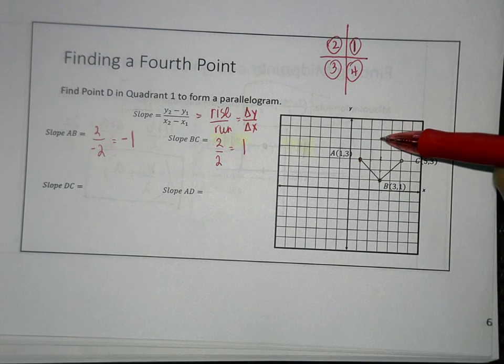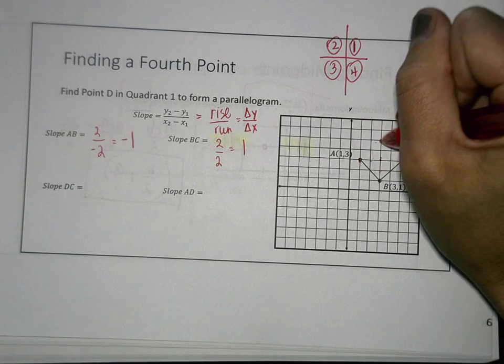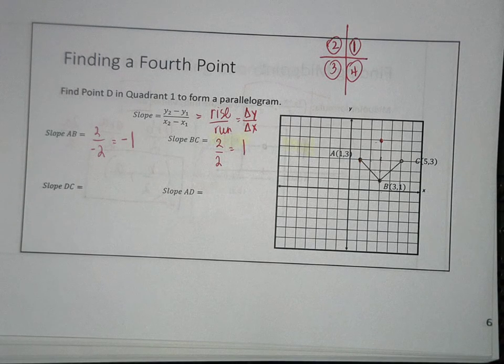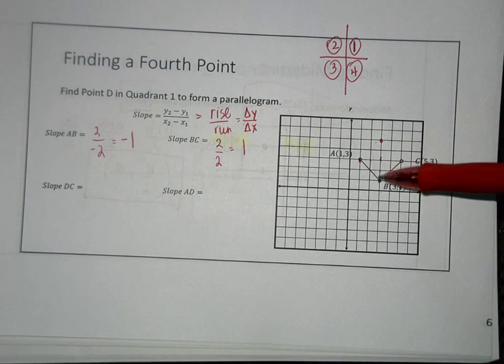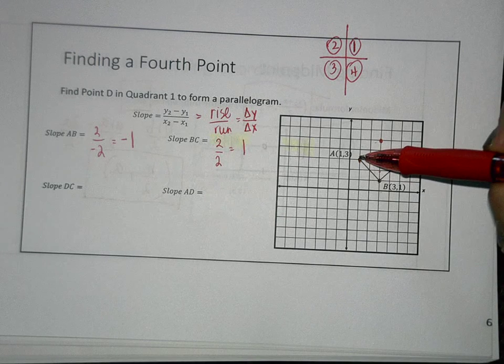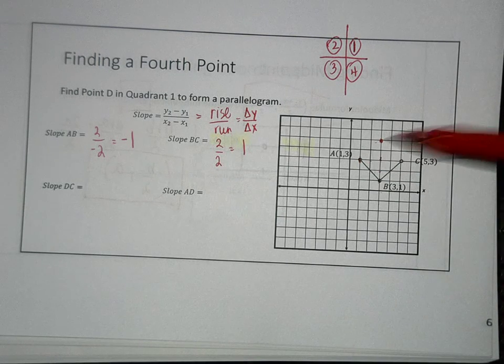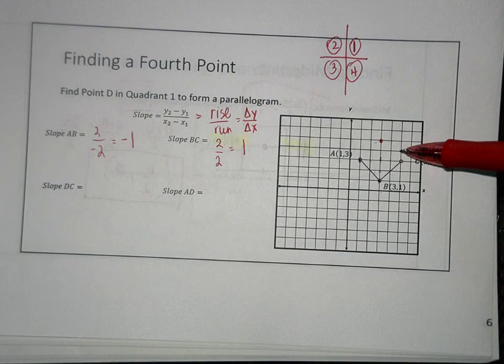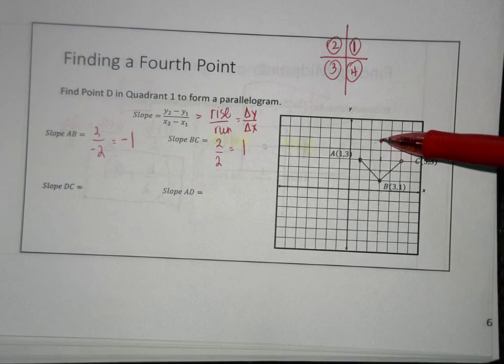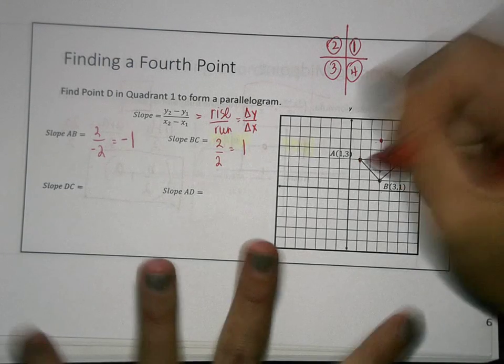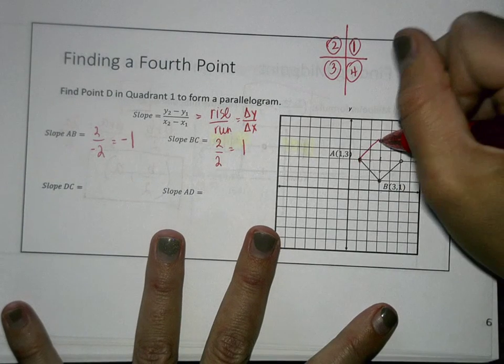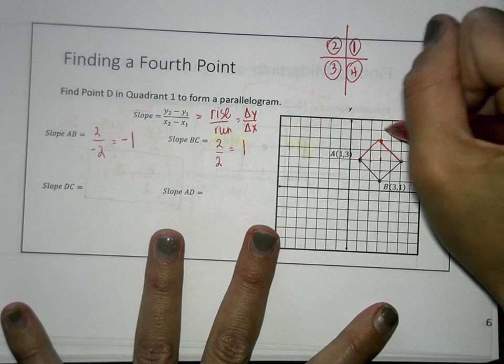Do you guys agree? Do you see how this slope was up 2, left 2? For this point right here, all we had to do was go up 2 and left 2. And then you would want to finish drawing your parallelogram and make that point D.